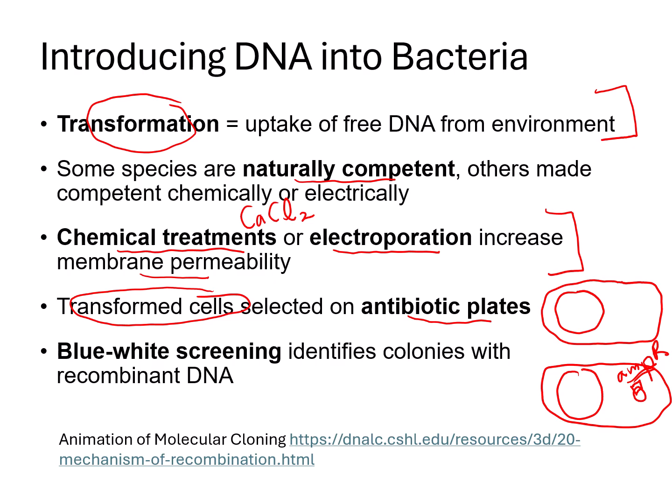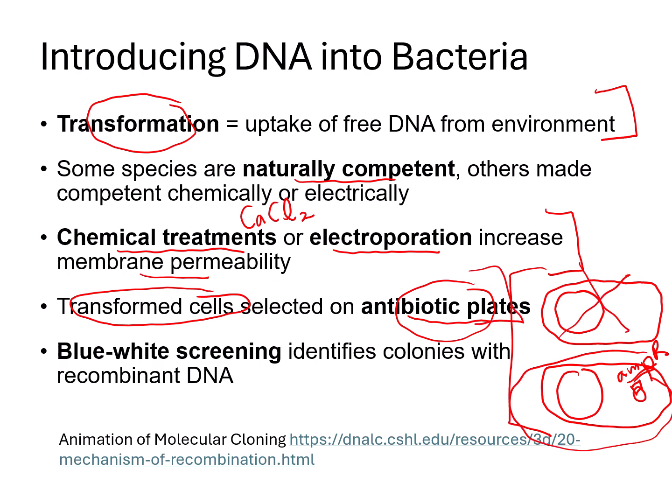So if we were to grow these bacteria on plates with antibiotic ampicillin, these bacteria would survive, but these would not. So doing this, growing the cells on antibiotic plates, will select for the bacteria that have successfully taken up that plasmid. Then we can go through a blue-white screening to make sure that that plasmid has the gene of interest inserted in the correct region.